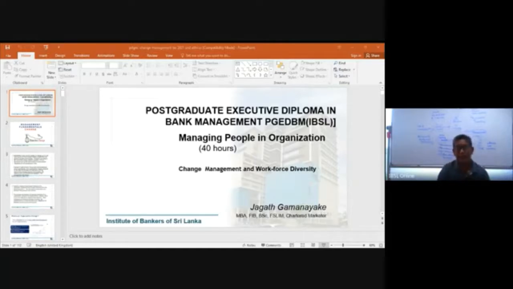Right, now you see, if you make changes to one element of the 7S model, it impacts the other components. Therefore, when you plan for change, you need to look at all these factors.